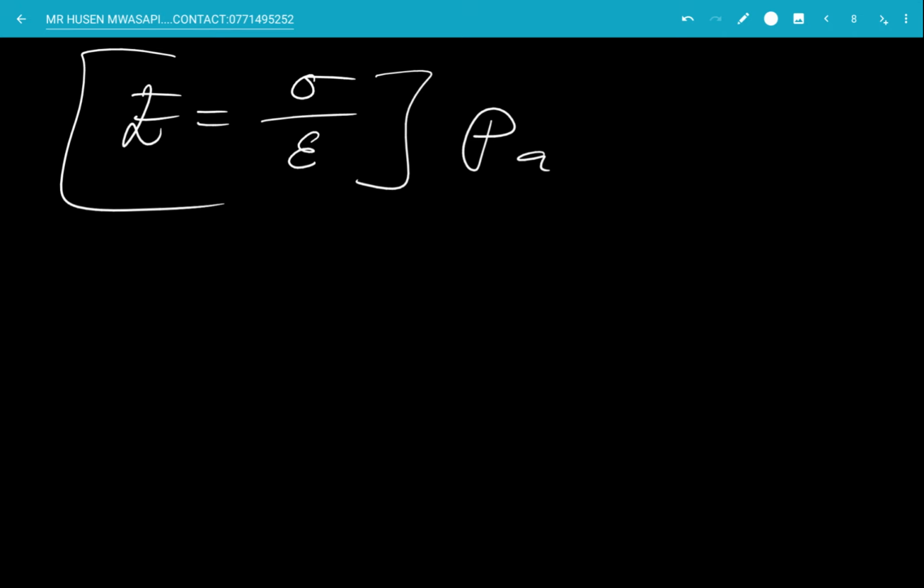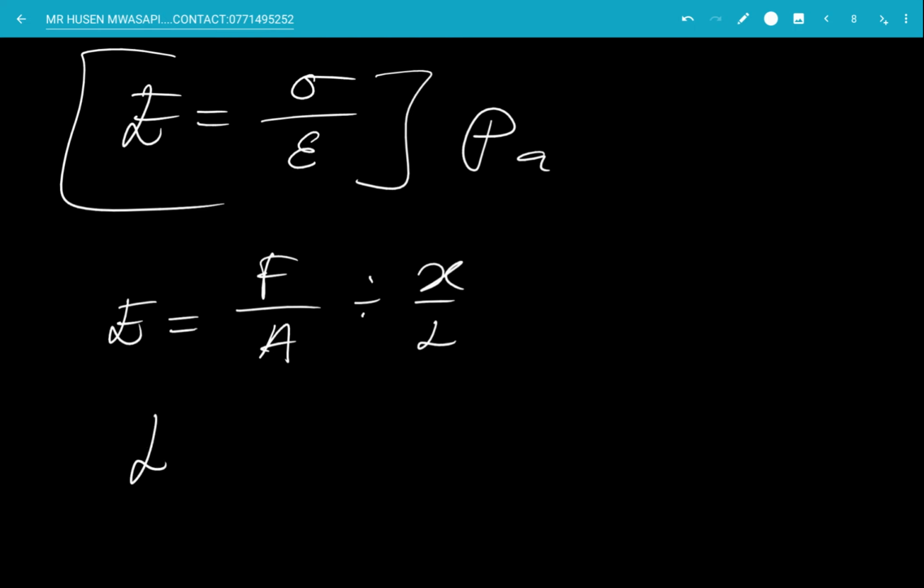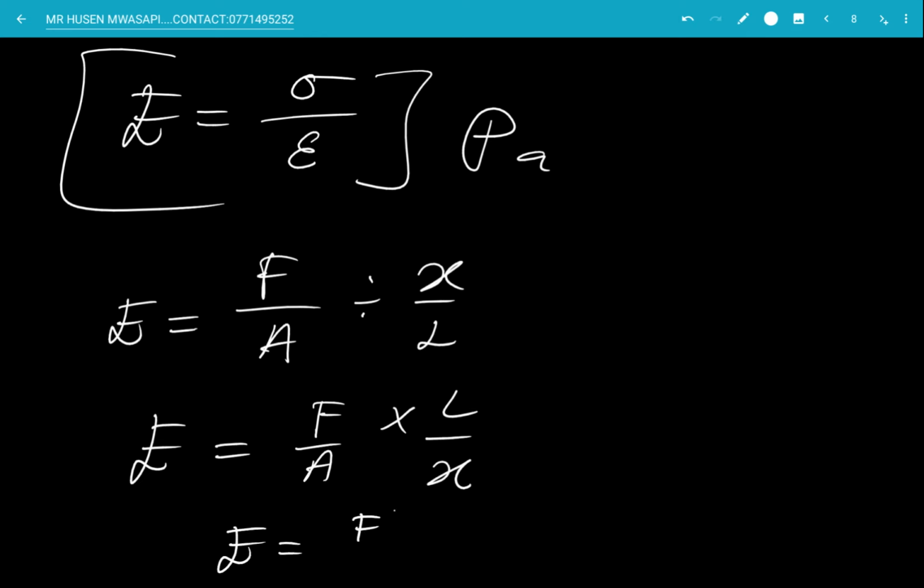Because be mindful, E is equal to the stress over strain. Now stress is force per unit area, divided by strain, which is extension over initial length. So Young's modulus is equal to F over A times L over X. So Young's modulus is simply FL over AX.